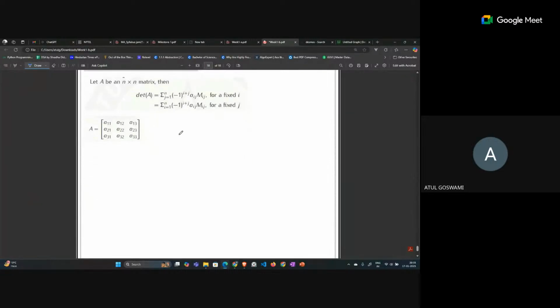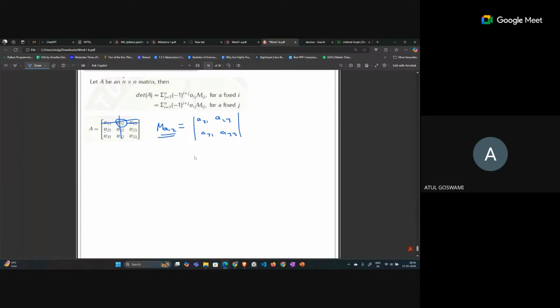So this is the A matrix, A11, A12, A13. We can find the minor for one entry, suppose A12. What is the minor for this? Because we are finding the minor for this entry, delete this row and this column, so we get these four entries: A21, A23, A31, and A33, and then we find the determinant of that.